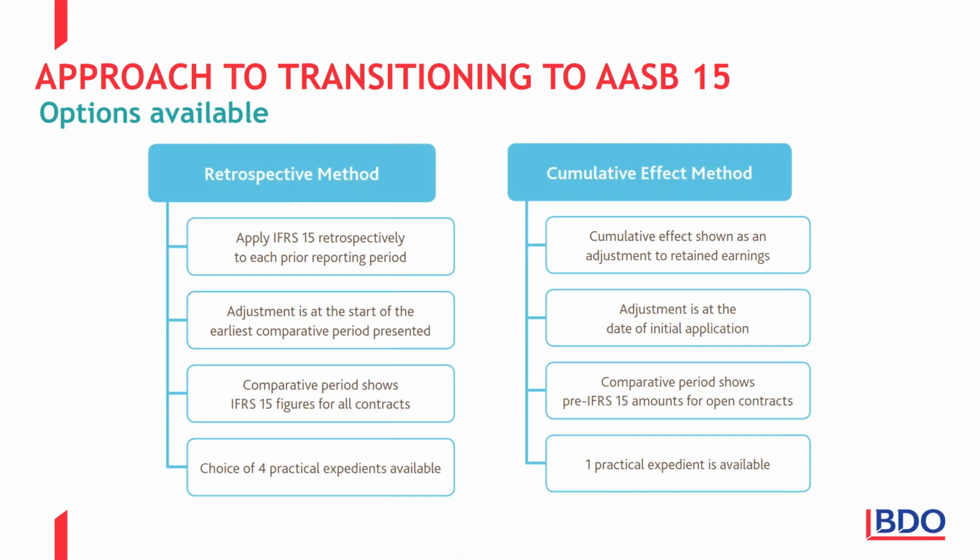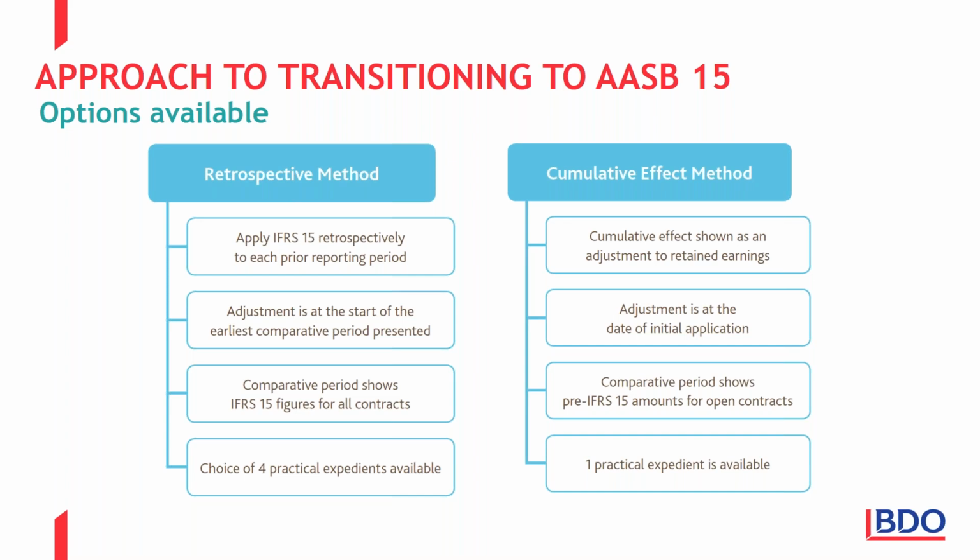So if we look at the disclosure alternatives, there's a retrospective approach where you apply IFRS 15 retrospectively for each prior reporting period and you disclose it for each prior reporting period. Whatever changes happened before the start of your earliest comparative period, which will usually be the start of your comparative year, whatever happened before that date, you adjust against retained earnings on that particular date.